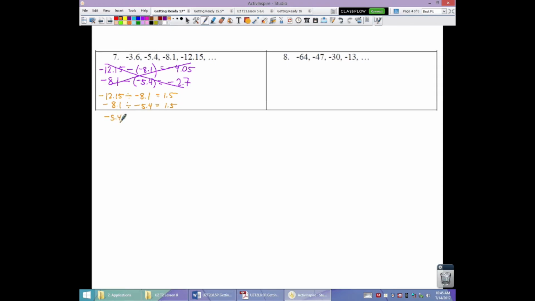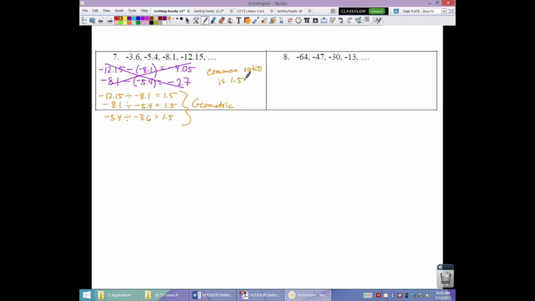Negative 5.4 divided by negative 3.6 is once again 1.5. So this tells me we're looking at a geometric sequence, and we know that because it has a common ratio of 1.5.